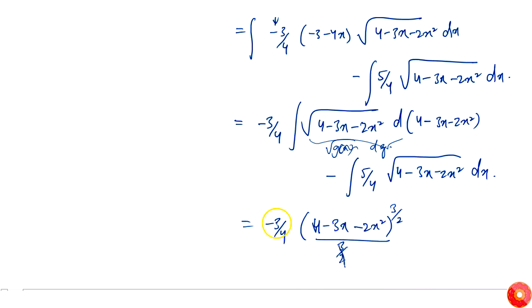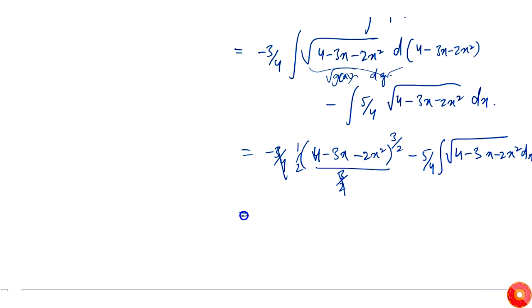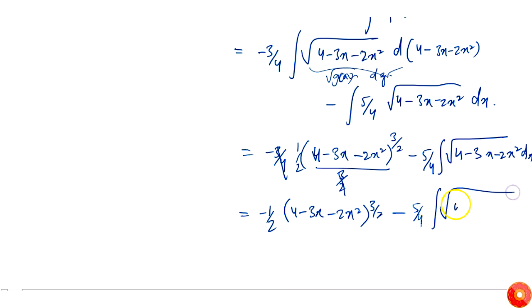So this will be minus half times, minus 5 by 4 into integral of square root of 4 minus 3x minus 2x square dx. This will be there just like that. So this thing will become simply equal to minus half into 4 minus 3x minus 2x square whole power 3 by 2 minus 5 by 4 into integral of square root of 4 minus 3x minus 2x square into dx.